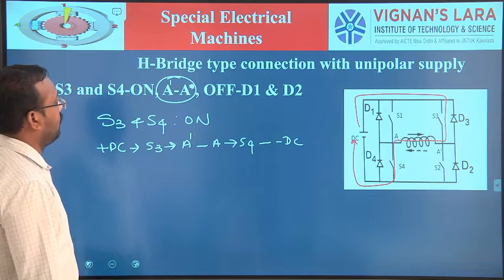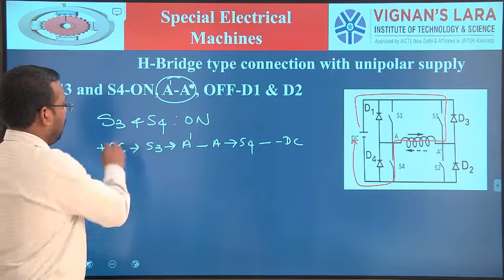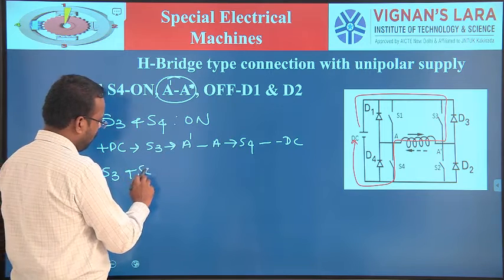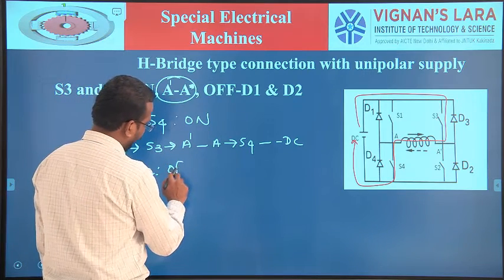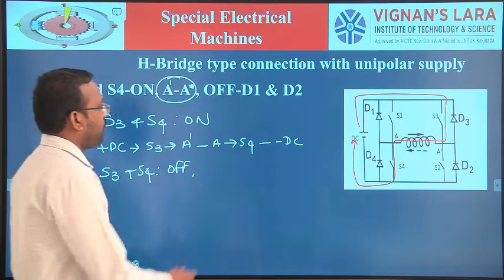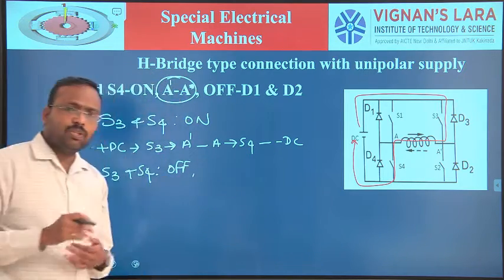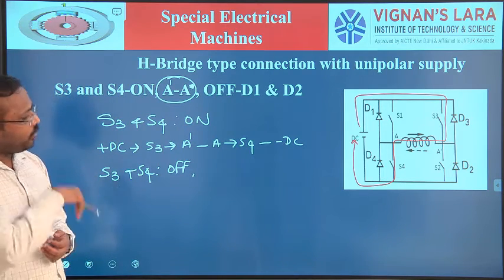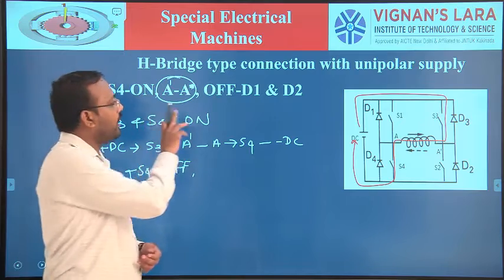Now these two switches S3 and S4 are turned off. What is the condition now? The energy stored in the inductive winding is fed back to the supply through diodes D1 and D2.